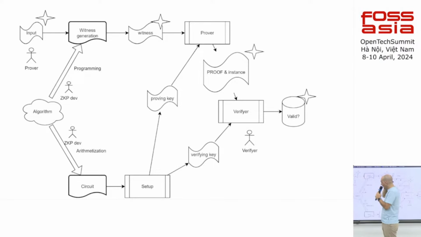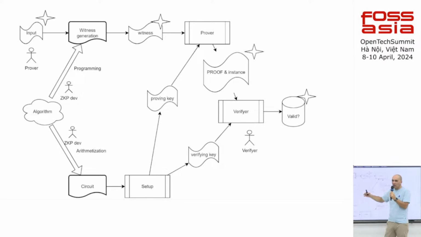And the arithmetization, the setup, the circuit, is going to specify which witnesses are valid, which witnesses are always the result of the algorithm we want to compute. The witness contains all the information, including intermediate values, input, and output. So this arithmetization defines what is valid.